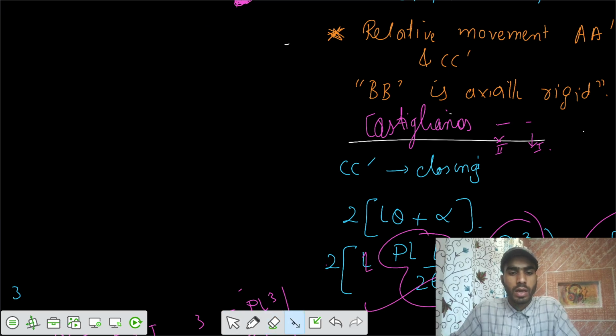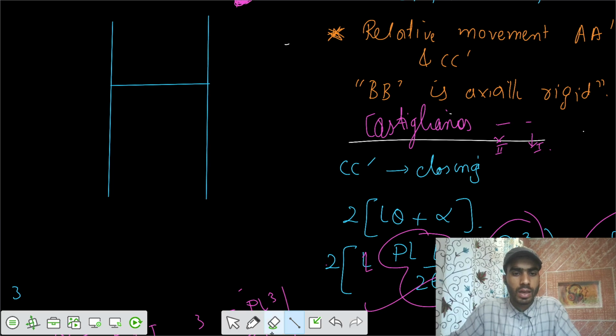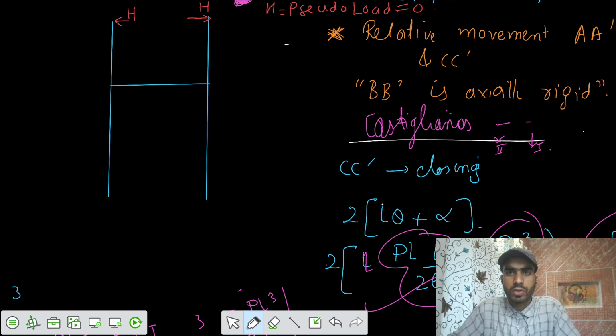If you want to solve by Castigliano's theorem, the structure was somewhat in this fashion. So you have to apply a pseudo load acting at this point. Let's say that's called a load of H here. This is pseudo load. H is pseudo load because it was not acting in the actual problem. Then that equals 0.